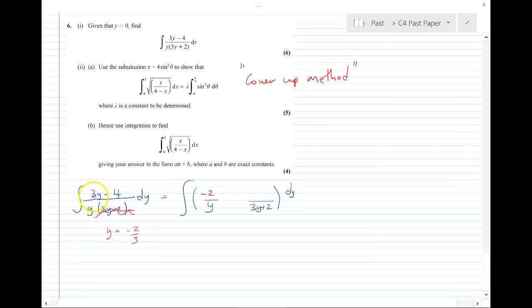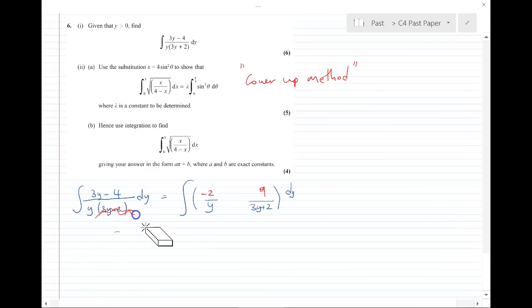I might write it out this time. 3 times minus 2/3 is minus 2, minus 4 over minus 2/3. So that's minus 6 over minus 2/3, which is 18 over 2, which is 9.